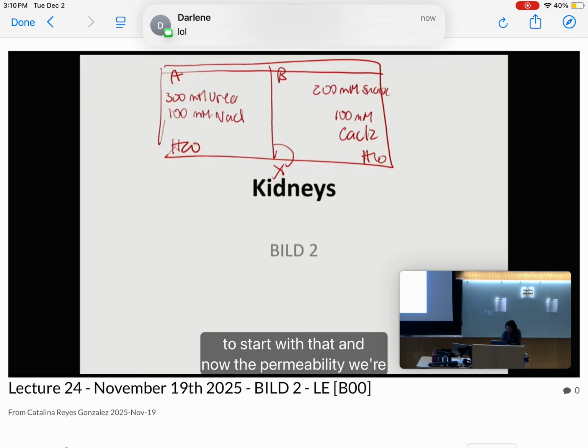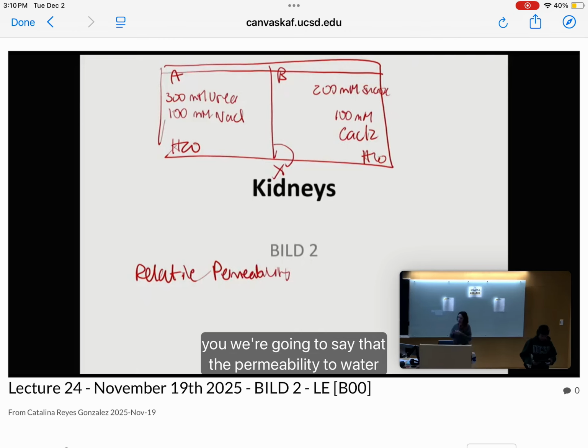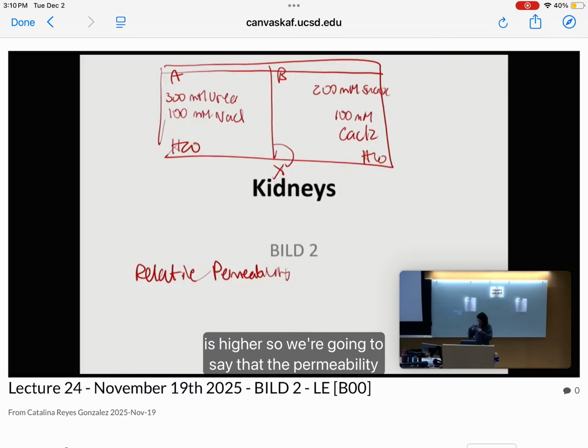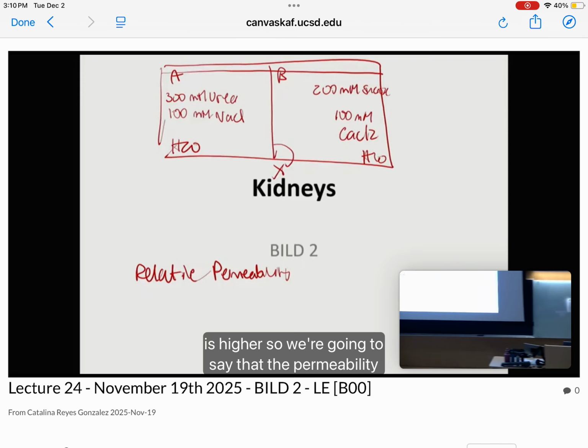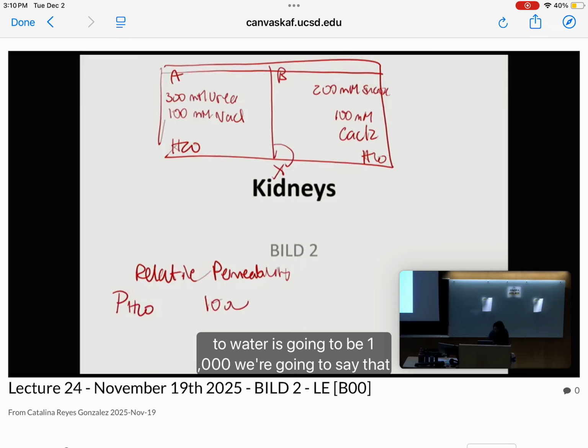And now the permeability, we're going to have relative permeability, so I'm going to write relative permeability here. We're going to say that the permeability to water is higher, so the permeability to water is going to be 1,000.